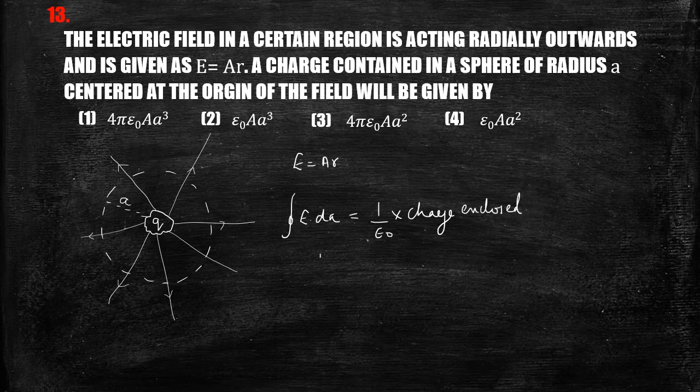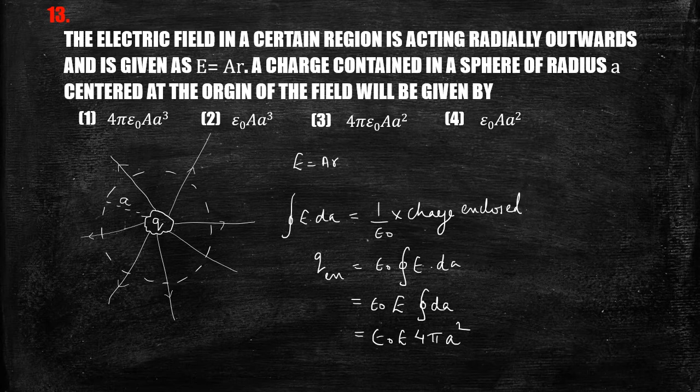That is, charge enclosed is equal to epsilon 0 into integral E dot dA. Since the electric field on the surface of the Gaussian surface is the same, as explained earlier, epsilon 0 into E, we can take E outside, E is a constant for this Gaussian surface, into closed integral dA. Closed integral dA is actually the entire surface area of the sphere, that is epsilon 0 E into 4 pi a squared.